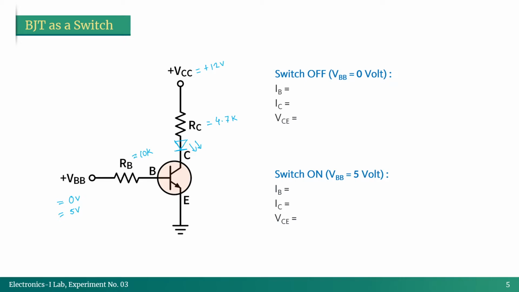Okay, now how it actually works, whenever you give this 0 volt here at the base, no current will flow through there, so IB is equal to 0, and as a result we know our emitter terminal is grounded and VBB is also grounded, as we are giving 0 volt.